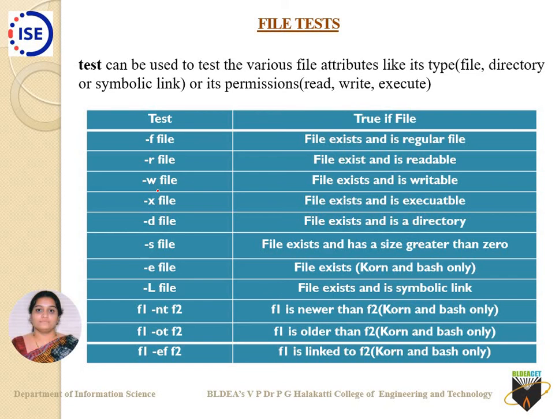So what you do is take down a question again here: write a shell script to read a file name and find out whether that particular file is a directory file or what. This is your first program.